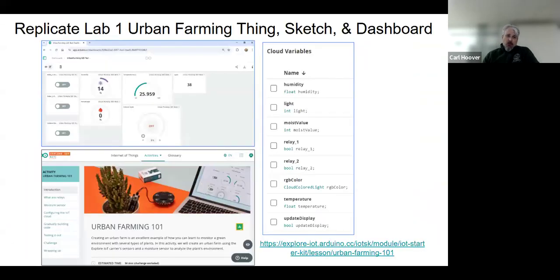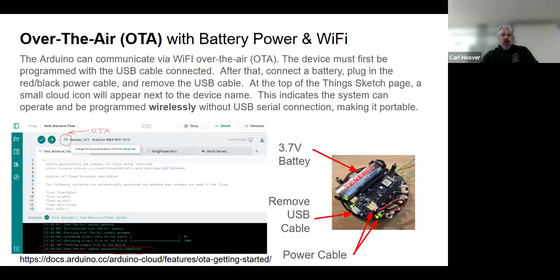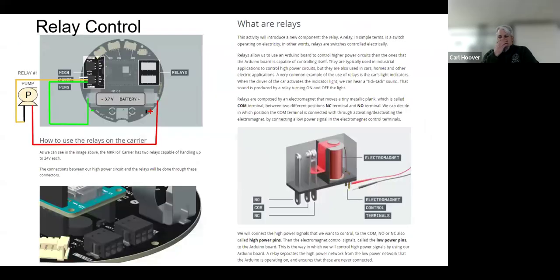And what we're going to be doing is replicating an urban farming thing, sketch, and dashboard in the Arduino cloud. We'll set some variables and then make up a dashboard that looks something like this. We'll also try to set this up to be wireless or over the air, and we'll connect in some relays to turn on that pump and fan.